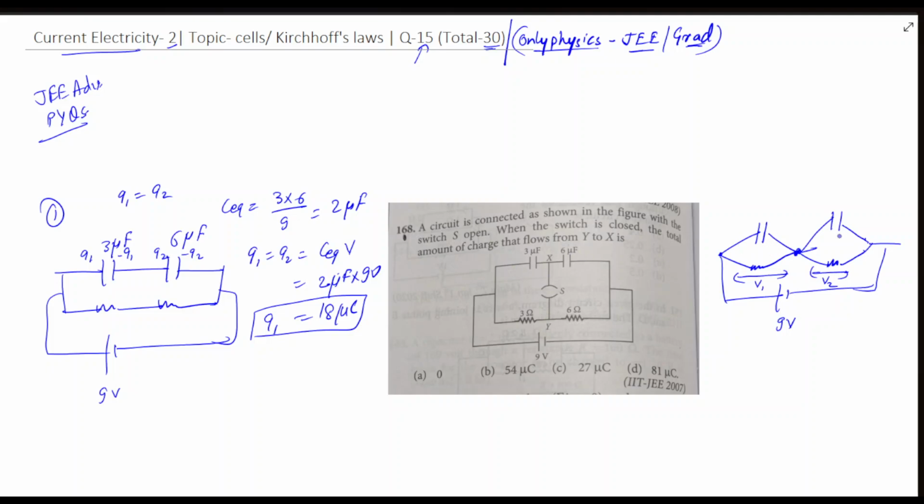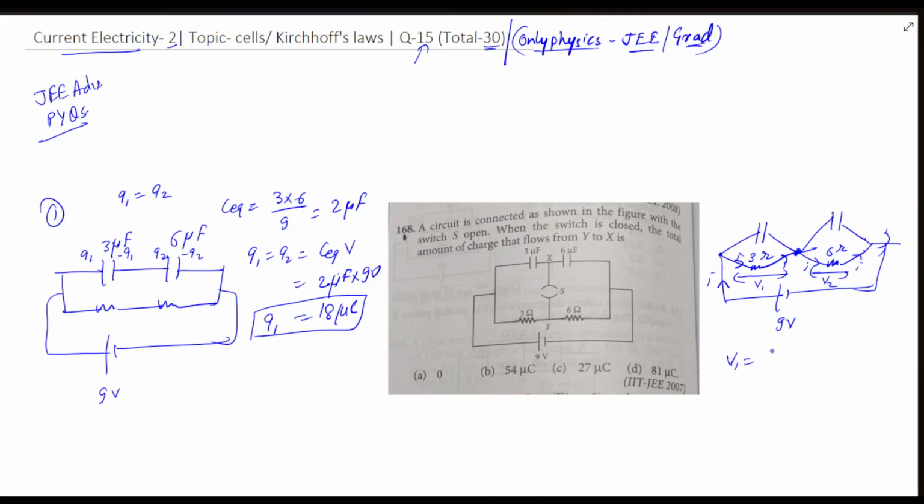The current through the capacitors will be zero, so the only way current can flow is in this path. So this is I, this is I, this is I, right? Why am I doing this? Because I want to find the potential drop across these. This is 3 ohm and this is 6 ohm. So let's find the potential across the 3 ohm.